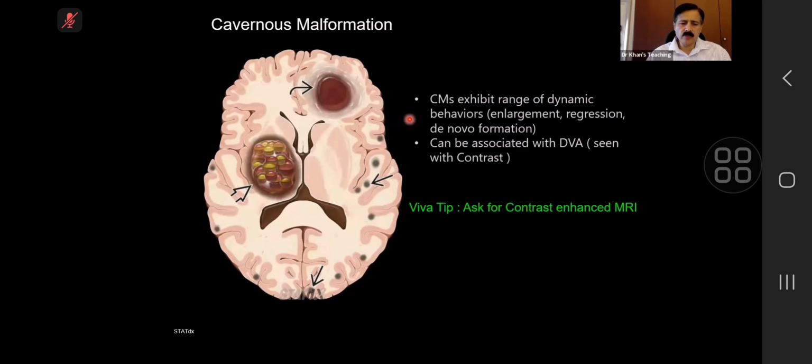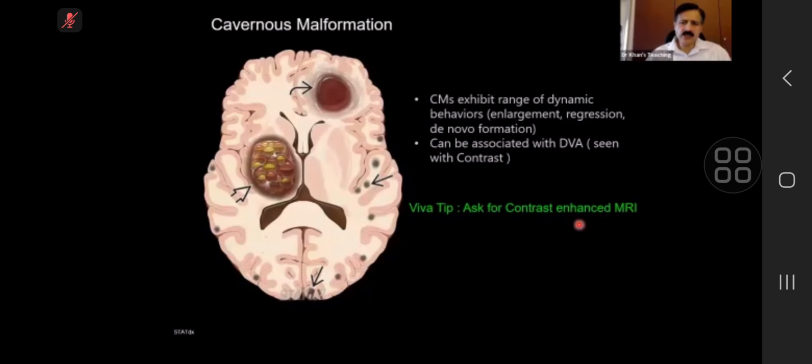Classical appearance will be popcorn appearance with a complete rim of hemosiderin. And this complete rim of hemosiderin will be low signal on T2 weighted sequence.